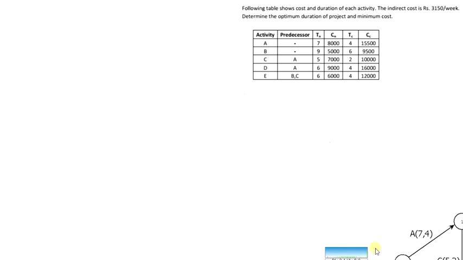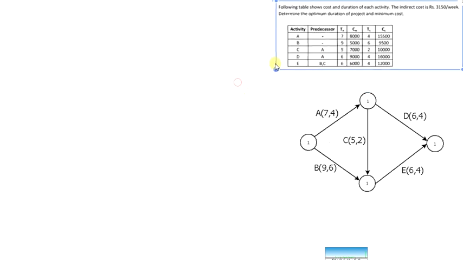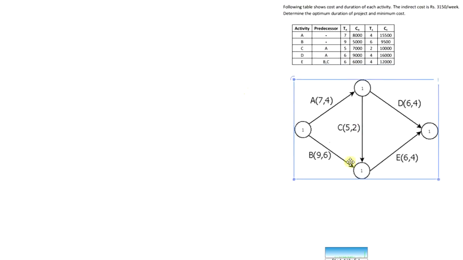So here you can see the network diagram with the normal time and crash time shown on each side of each activity label.